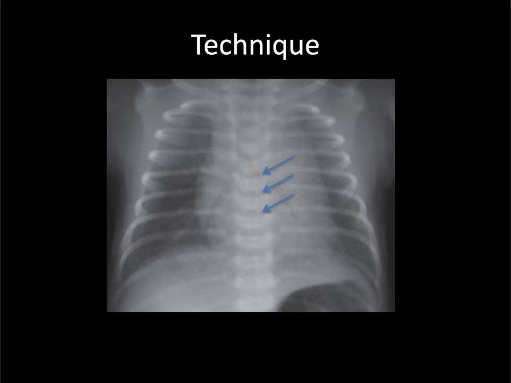So we'll talk about technique. The film should be well penetrated. We should be able to see the dorsal intervertebral discs through the cardiovascular silhouette. The patient should be well inspirated. We should be able to see the right hemidiaphragm below the 7th rib.